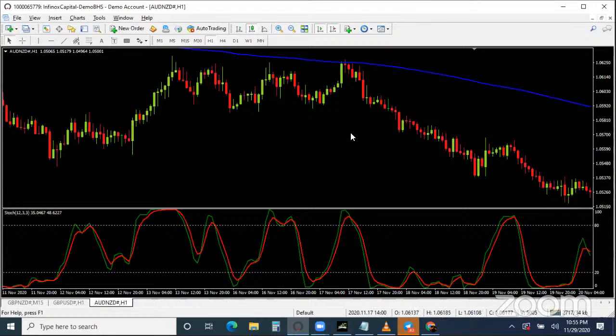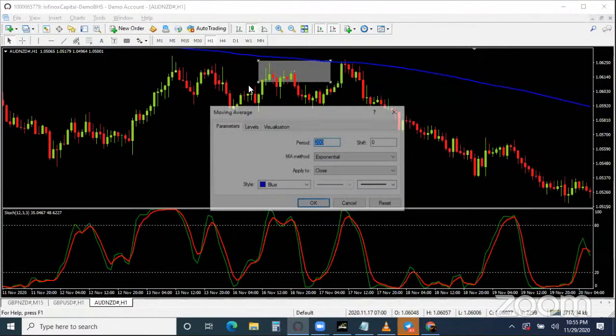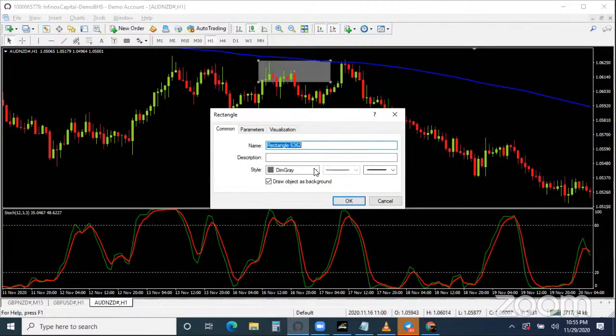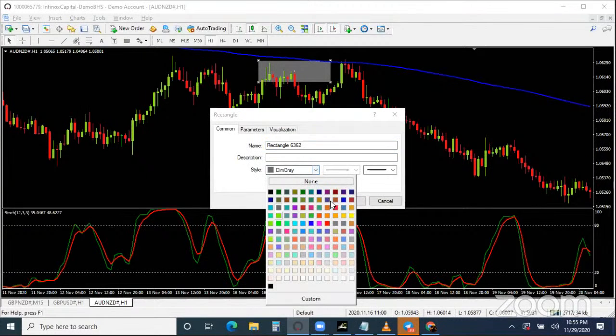Let's say you have a reason to go short here. What we backtested was we did something like this. This was what we backtested. Let me bring this back to, let's see, Aqua.